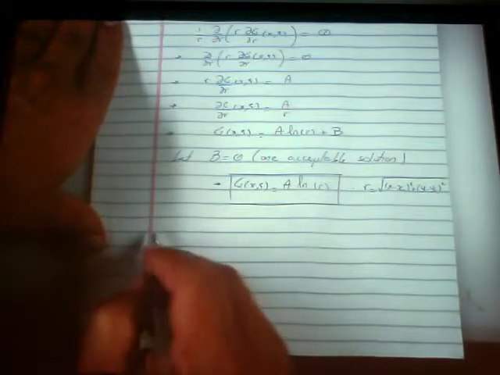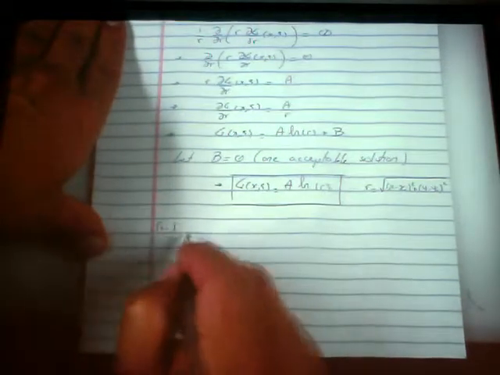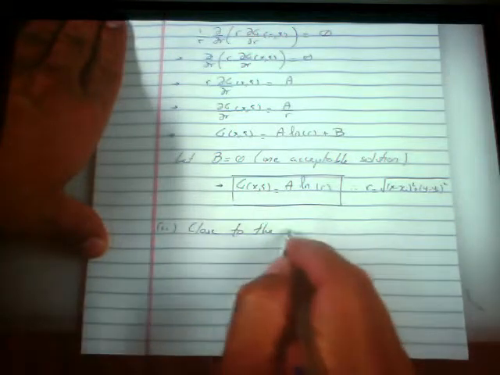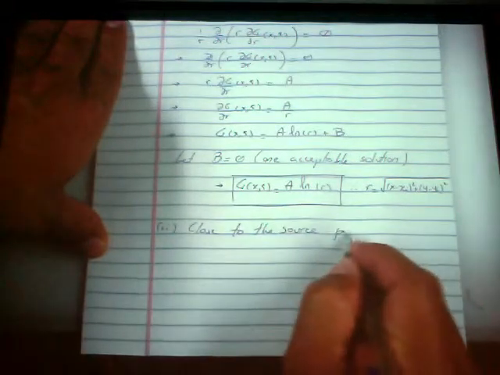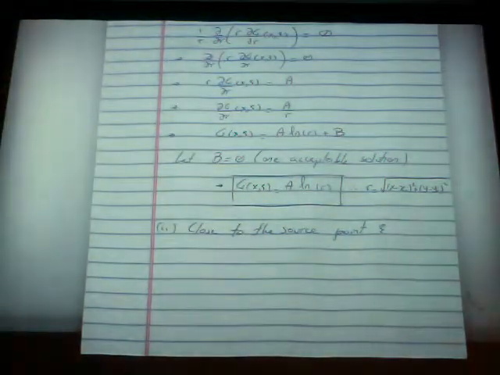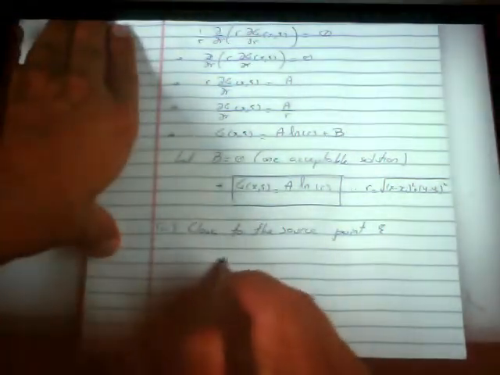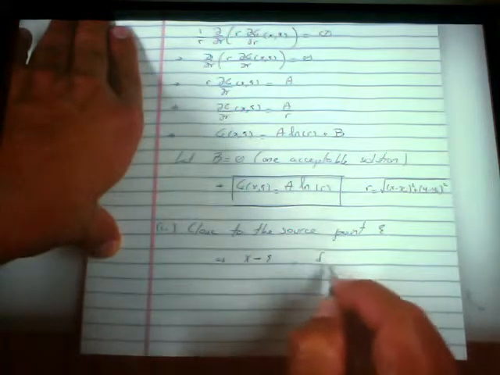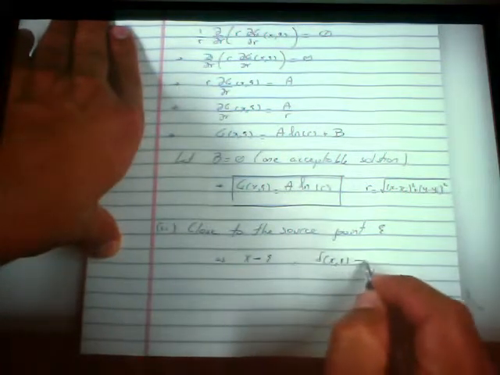Right? Now we're going to do this to find that other constant a close to the source point side. So as x goes to xi, delta of x and xi goes to infinity.